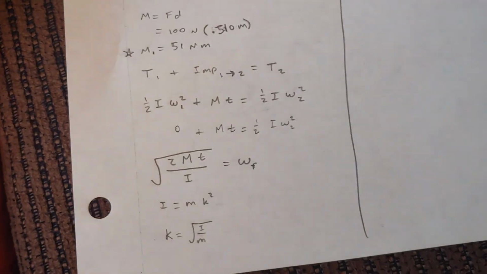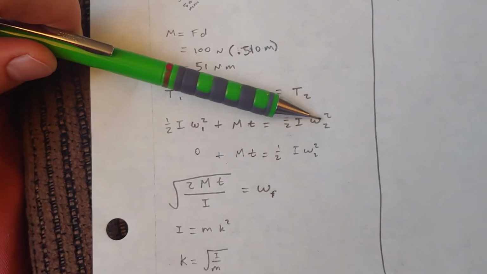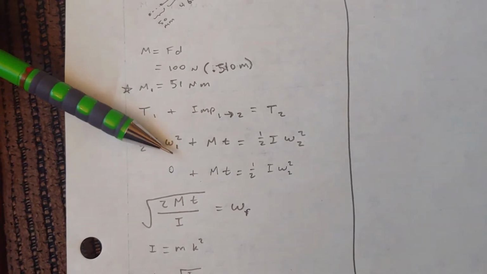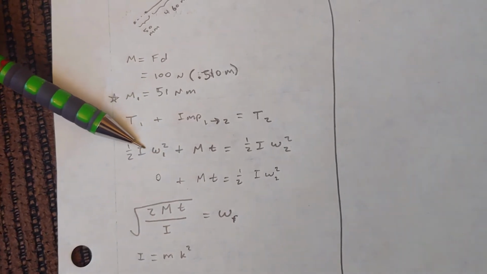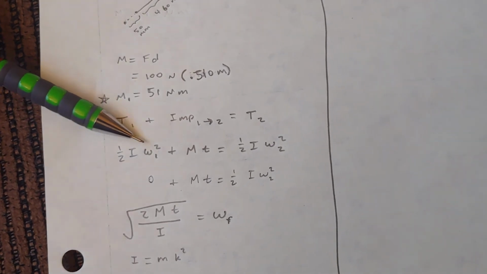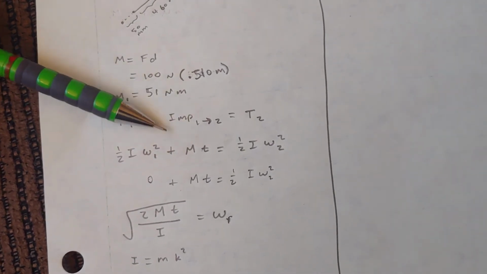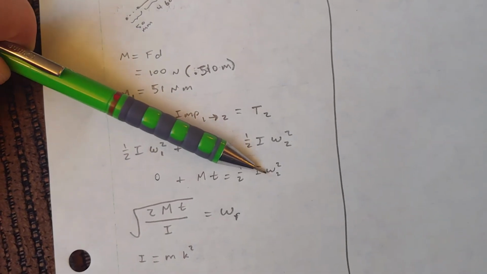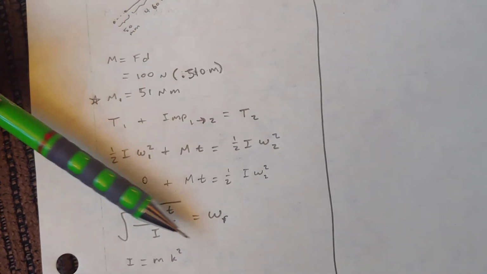We are trying to find the final angular velocity, which is 2. The initial speed is 0, so we can zero all of that out, which gives our moment times time equals 1 over 2 times the inertia times the final angular velocity squared.